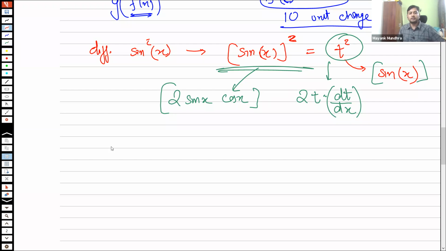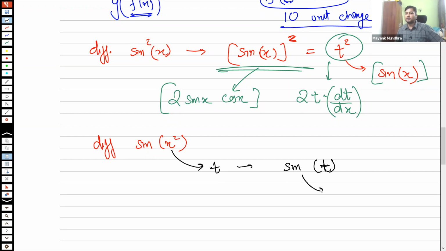Let's look at the other thing. Let's differentiate sine of x square. Let me say x square is t. So this just becomes sine of t. I'm going to differentiate sine of t, so that gives me cos of t, and then I do dt by dx. dt by dx is basically the differentiation of x square.